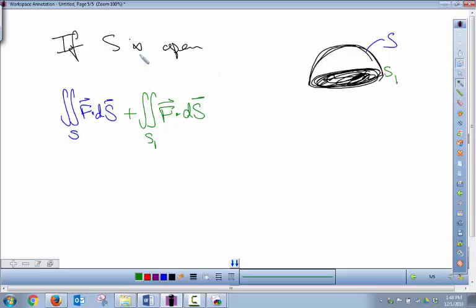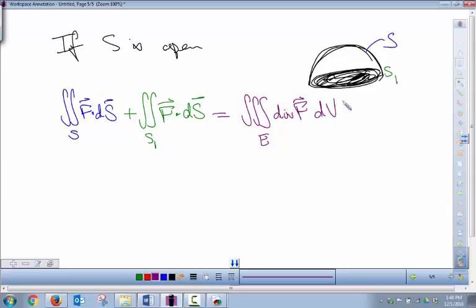So this put together would be a flux of a closed surface, which now you can use Gauss's theorem, right?